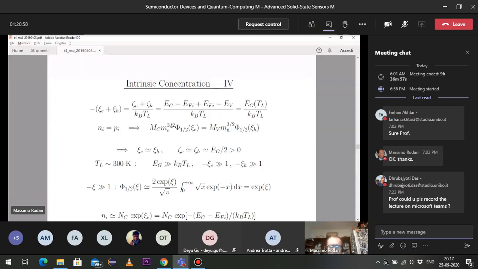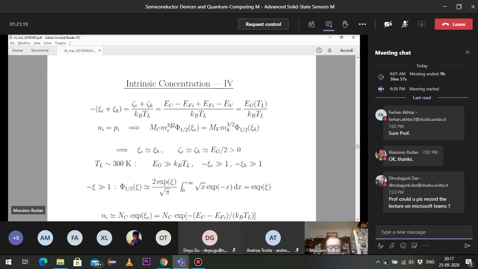And at this point, after calculating psi e and psi h, we know the position of the Fermi level, okay? Because psi e and psi h are proportional to the distances of the Fermi level from the conduction band or from the valence band, okay?